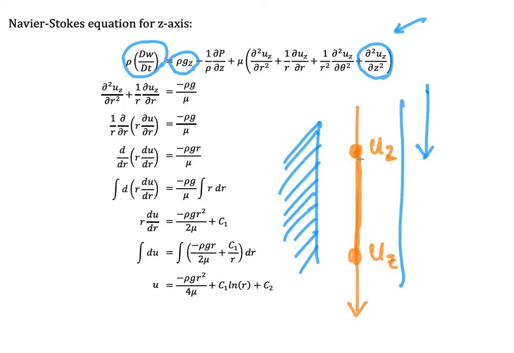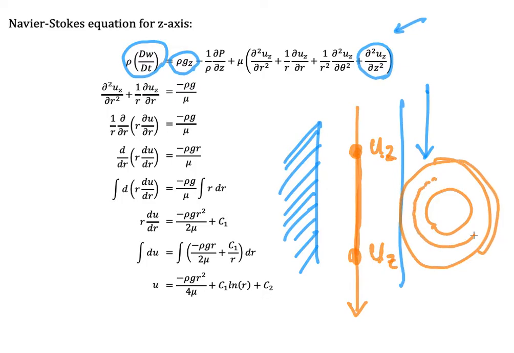It cannot change with time, it is always the same at all points, so there is no du/dz. Then du/dtheta: if we look from the top and take one radius, the uz here and here will be the same, so there is no du/dtheta either. The remaining term here is the du/dr.